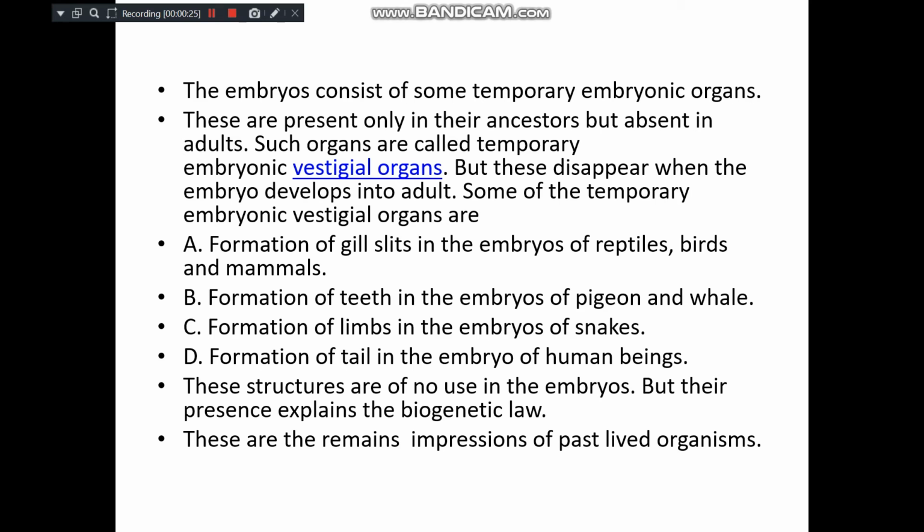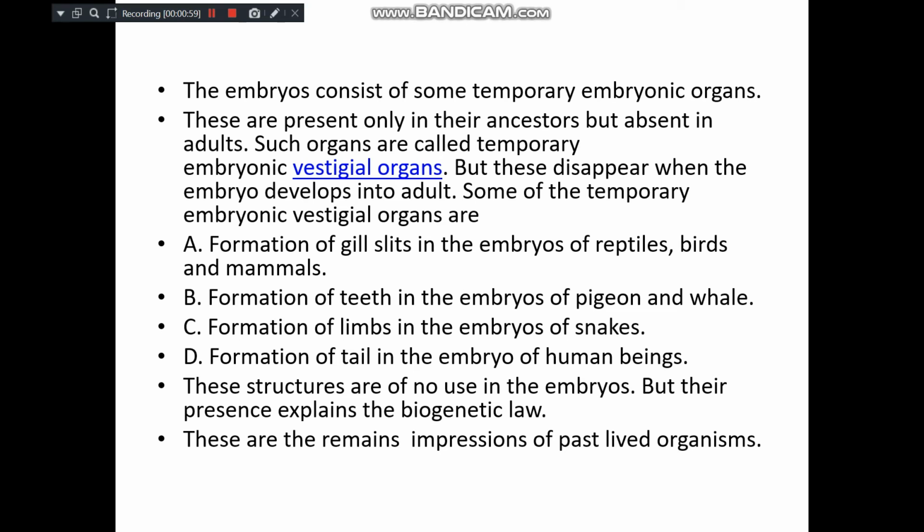Even the limbs: the embryos of snakes have limbs, but later, of course, they disappear. Even the human embryo has a tail. Later, it is reabsorbed. What does it mean? Human beings evolved from an ancestor which had a tail. That's why the embryos show the tail. So their presence explains the biogenetic law: phylogeny recapitulates ontogeny.